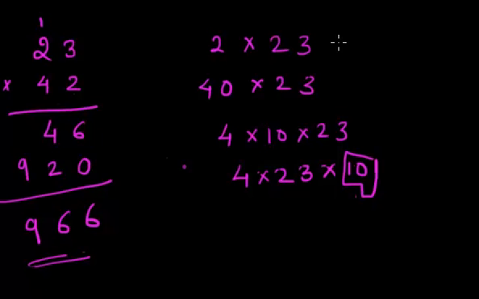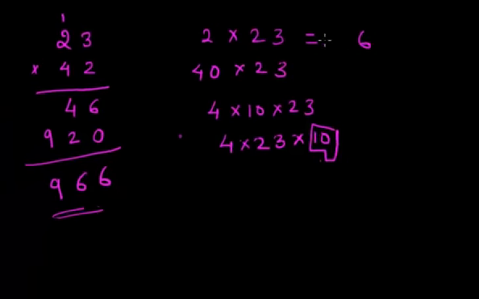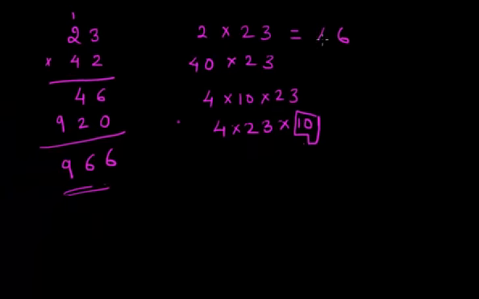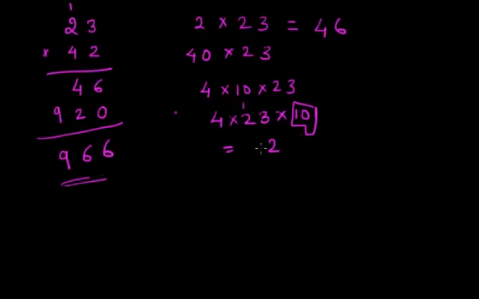If I see this product here, 2 times 3 is 6, 2 times 2 is 4, this is what you have got here, and 40 times 23. 40 times 23 is 4 times 10 times 23, as I have explained just now. 4 times 3 is 12, 2 balance 1, 4 times 2 is 8 and 1 is 9, 92. 92 times 10 gives you 920, and this is that 920.